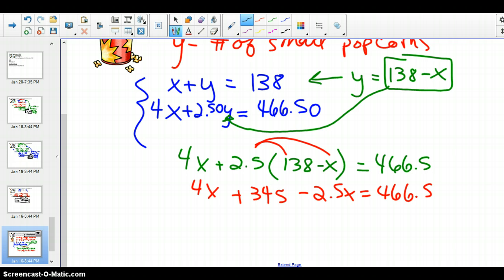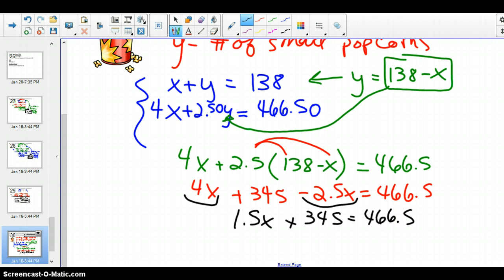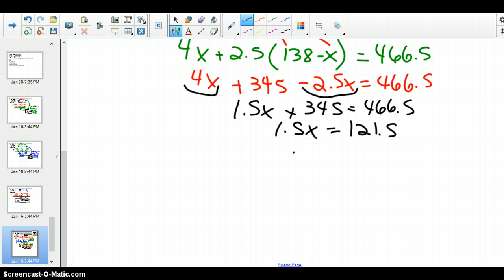So on the left, I notice that these two are like terms. If I add those, I get 1.5x, and I still have that plus 345. And then I'm going to subtract the 345 on both sides, so 1.5x is equal to 121.5, which means last step, x is equal to 81.